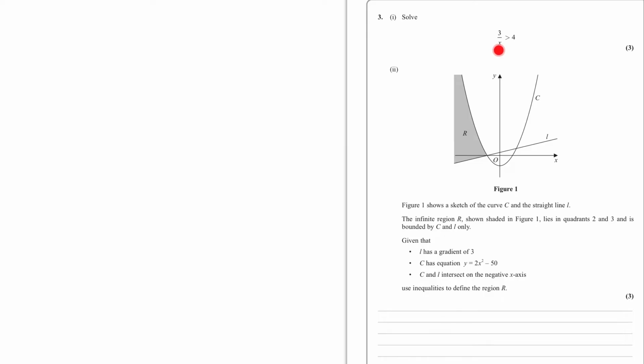So if I'm multiplying by this x, I don't actually know if that x is positive or negative. So what I actually need to do is multiply by x squared. That I can guarantee is then positive. So I would multiply both sides by x squared.